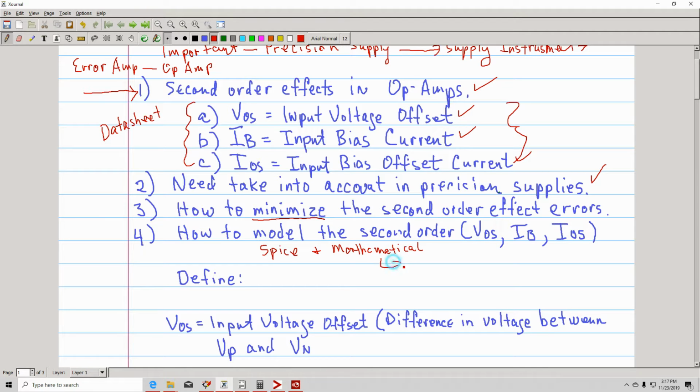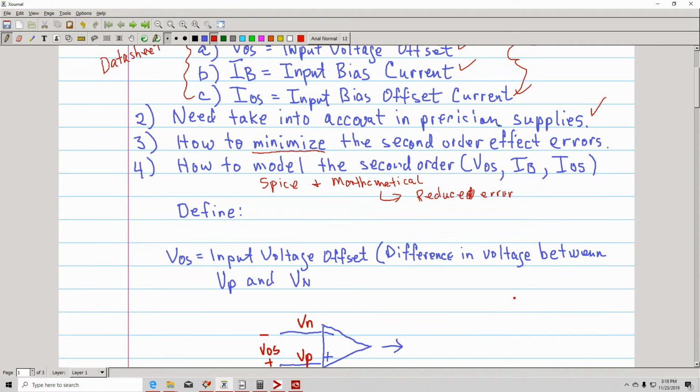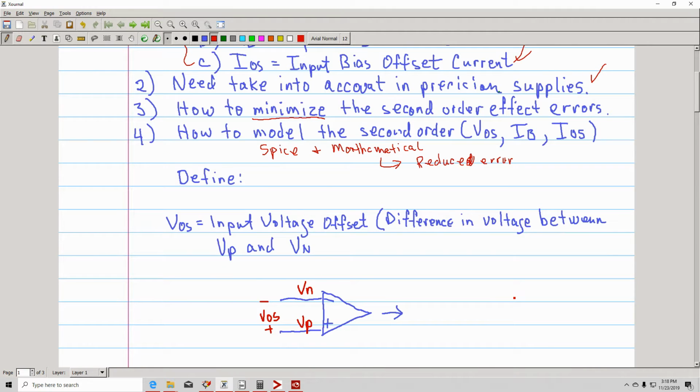The reason we do the mathematical is that once you see the equation, we can see how to reduce the errors due to these parameters. So that's the topic.